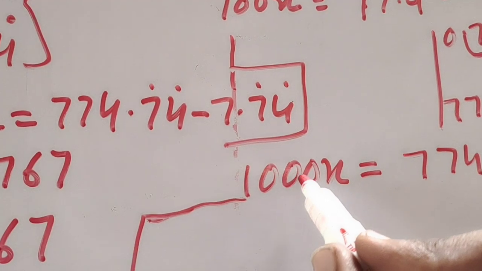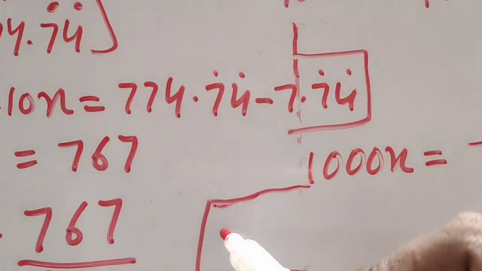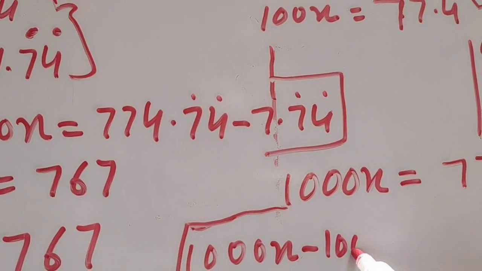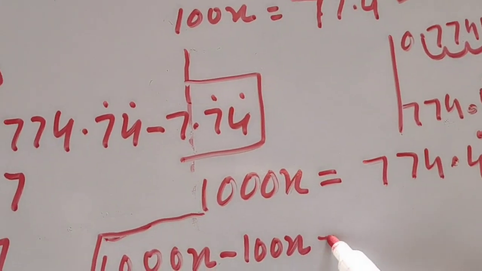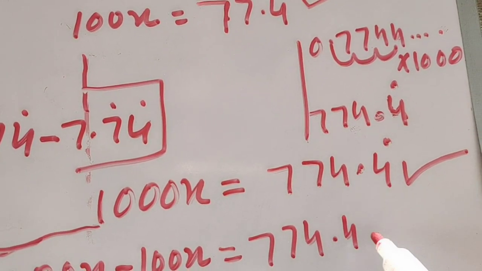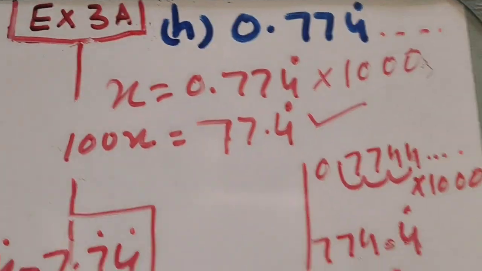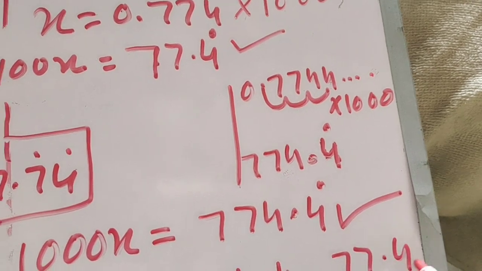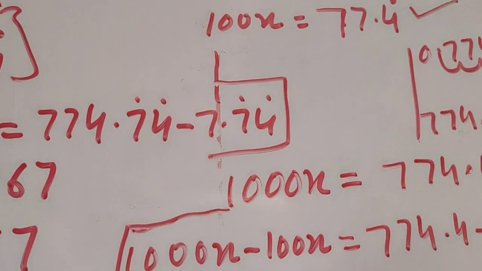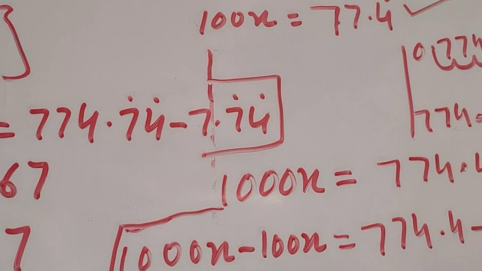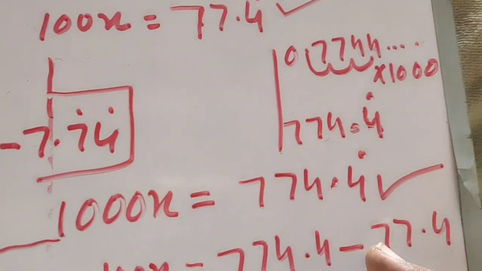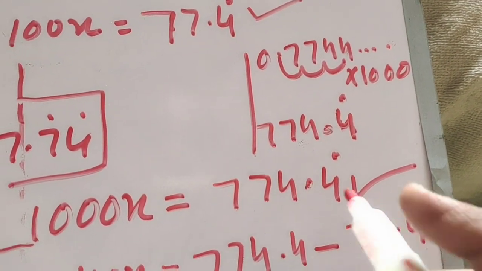We start from here, 1000x minus 100x is equal to, now the bigger number, 774.4 minus 77.4. Now the answer will be 1000 minus 100 is 900x is equal to, now we'll subtract 77 from 774.